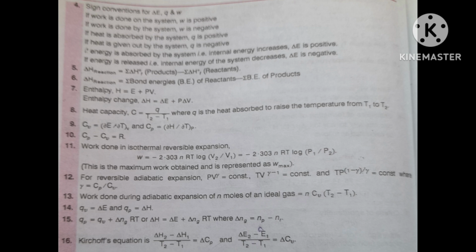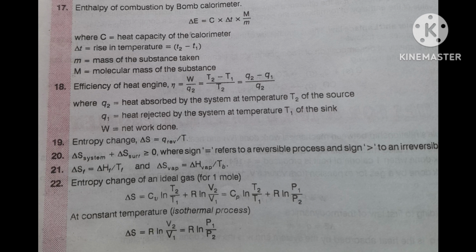Delta SF means change in entropy for fusion, that is equal to change in enthalpy during fusion divided by TF, the temperature of fusion. And also you can write entropy change of evaporation the same way: delta H vaporization divided by TB, because vaporization is related to boiling point. That temperature is called TB, and the fusion temperature is called the melting point, for which you write TF.